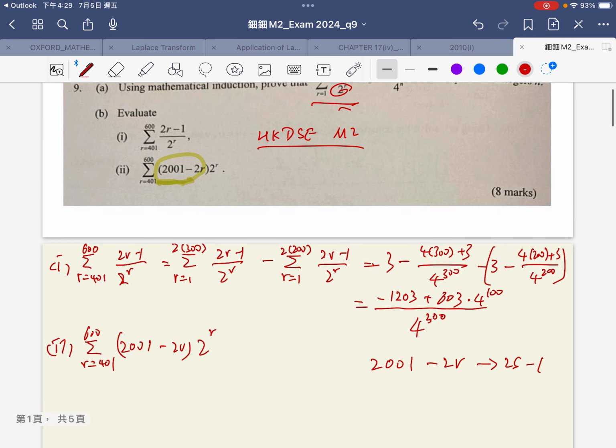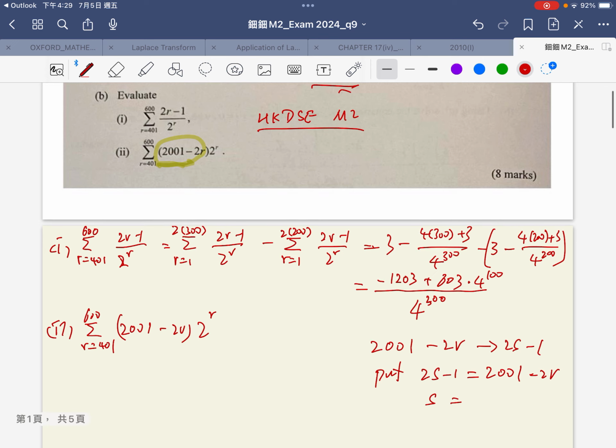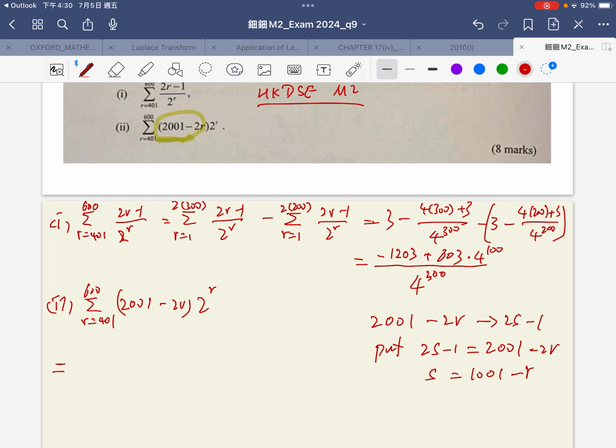By using this guess, I put 2s minus 1 equal to 2001 minus 2r. Here s is 1001 minus r.